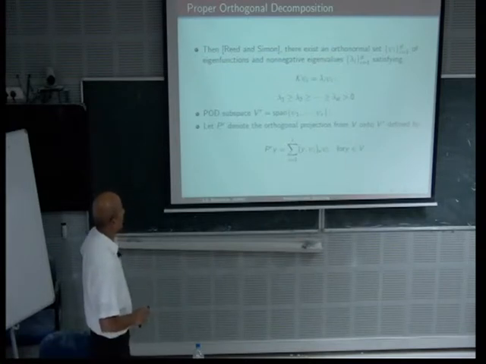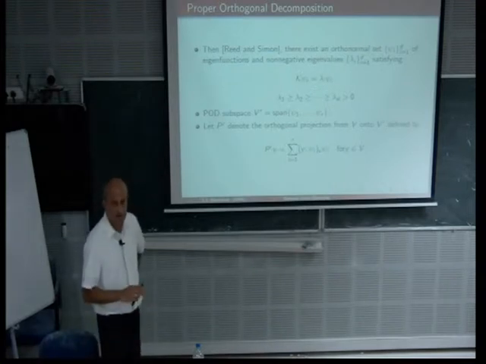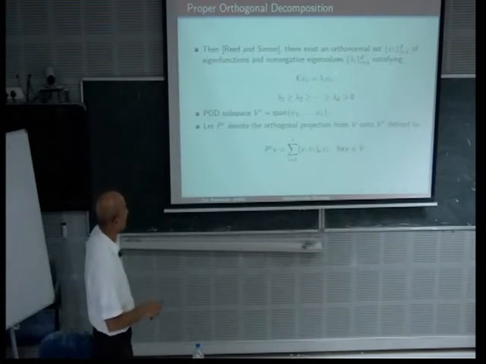So now you have an eigenvalue problem to solve to get the POD basis vectors. You solve this and get the POD basis, do a span, and you get the POD subspace.